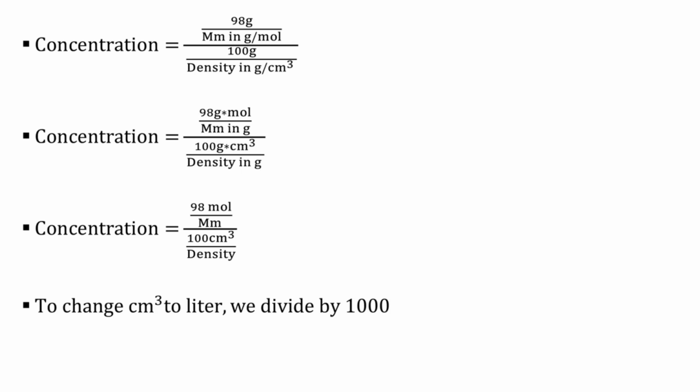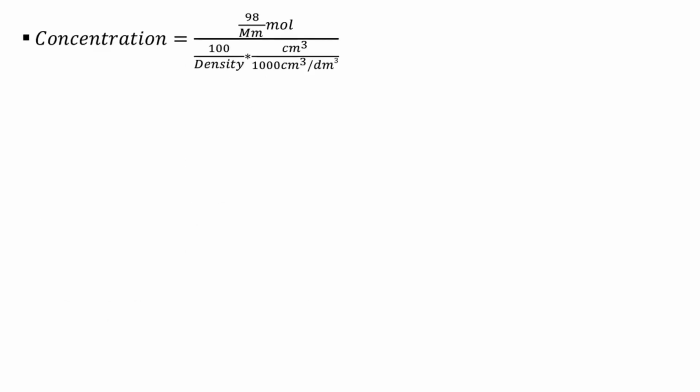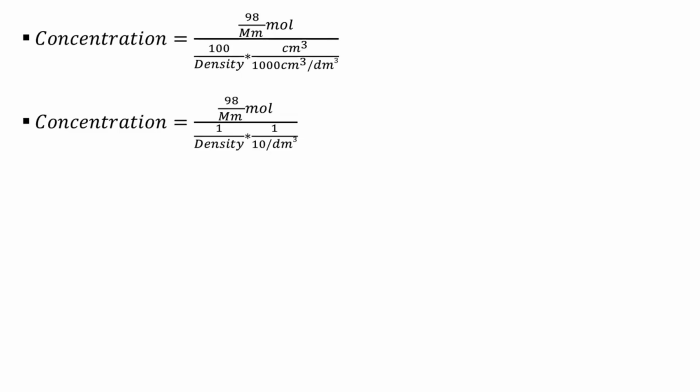So we need to change this centimeter cube to liter. To change the centimeter cube to liter, we divide by 1,000. So we are taking 98 dividing with the molar mass, dividing with 100 dividing with the density, times this centimeter cube, dividing with 1,000 centimeter cube per decimeter cube.